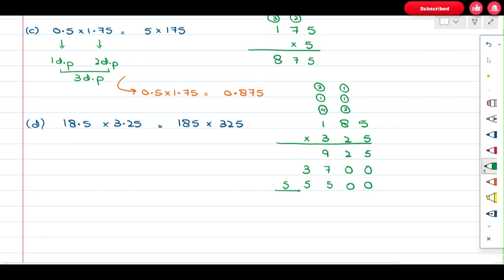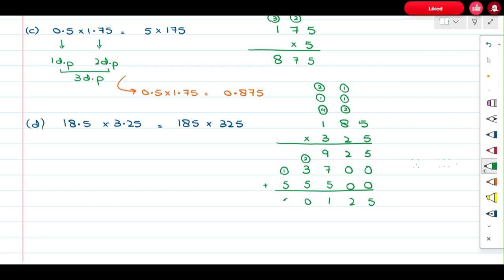Okay, let me add everything. So this is just 5. This is 2. Okay, 9 plus 7 plus 5. Okay, 9, 10, 11, 12, 13, 14. When you add 5, 14, 15, 16, 17, 18, 19, 20, 21. 2 and 1. 5, 6, 7, 8, 9, 10, 1 and 0.